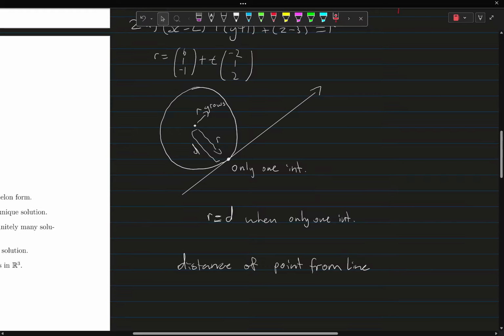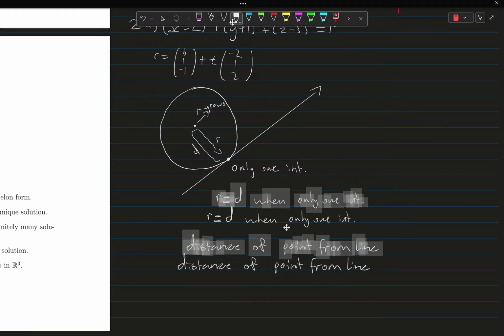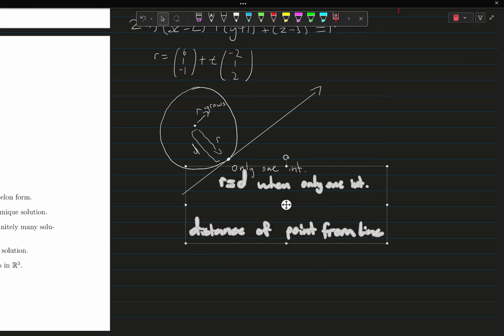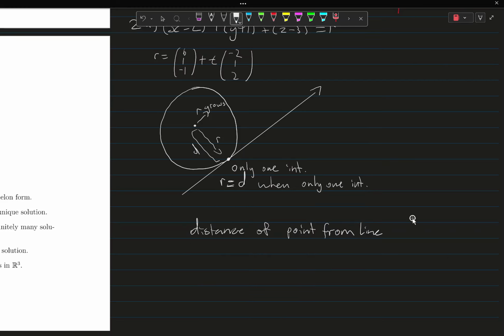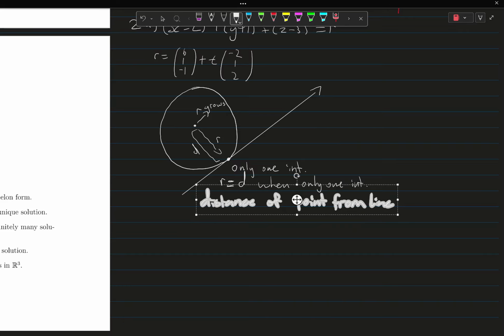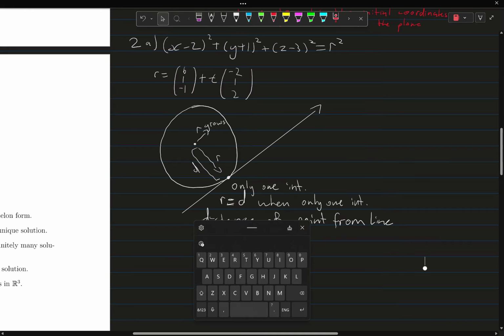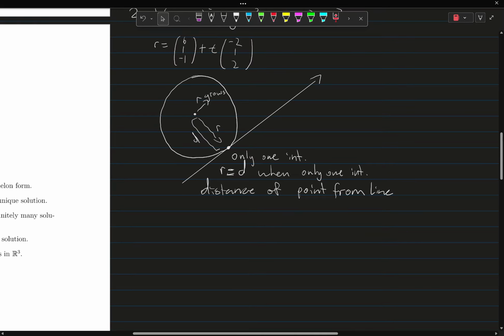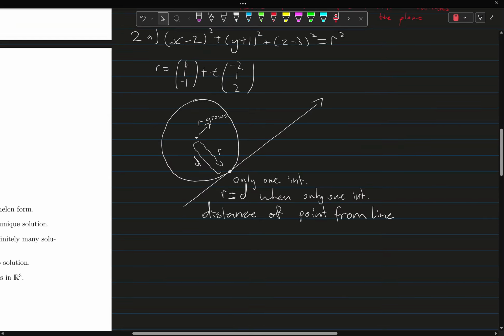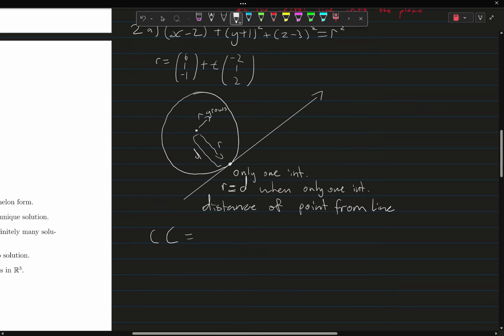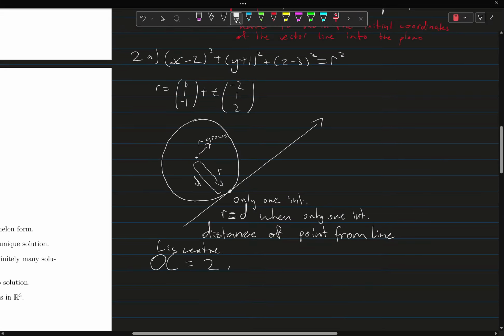And when we're trying to find the distance of a point from a line, we are going to be using the scalar resolute, and it's related to vector projection. So we know the coordinates of the line. So we know the center is equal to, let's say, OC, where C is the center. OC is equal to 2, -1, 3.